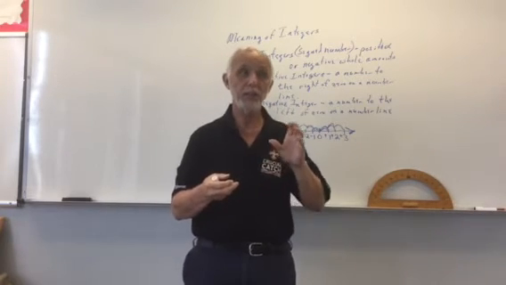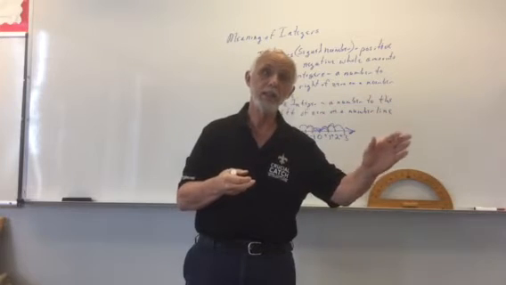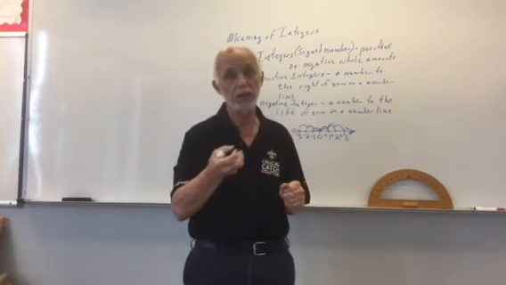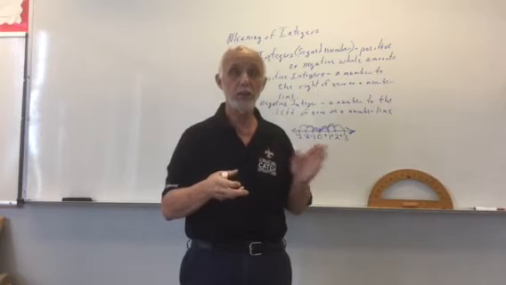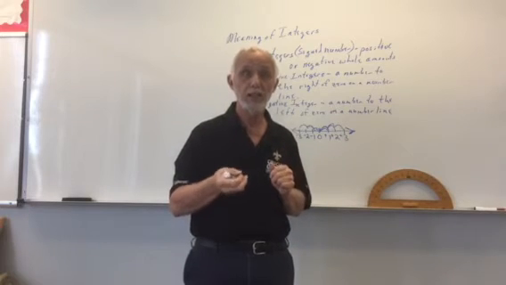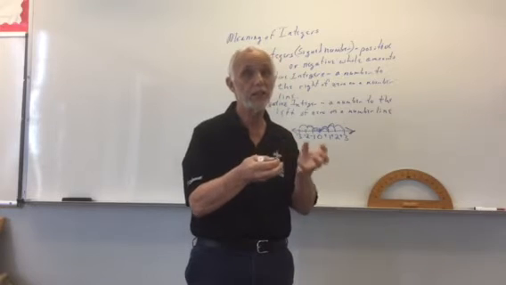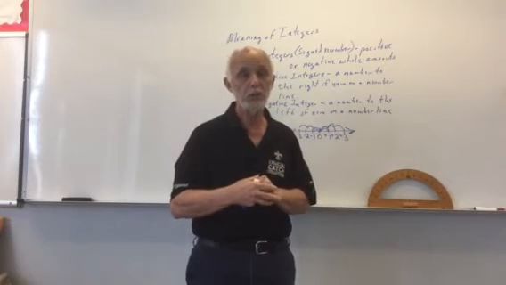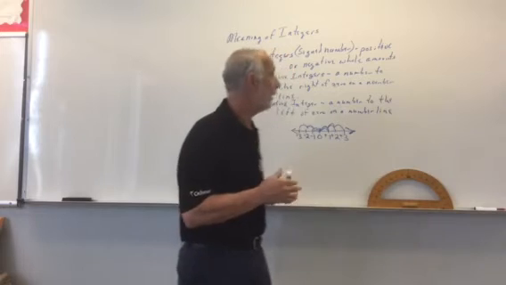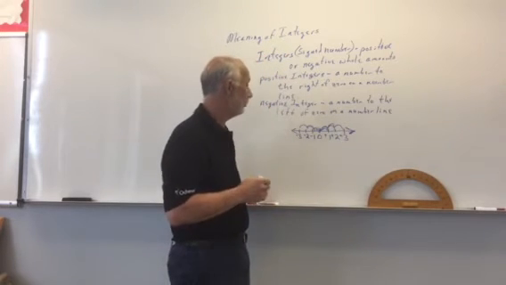A deposit is something good you're putting in. A withdrawal is something bad you're taking away. You could have a loss or a gain. A gain would be positive, good, and a loss would be negative, which is the bad one. So again, these are what integers are.